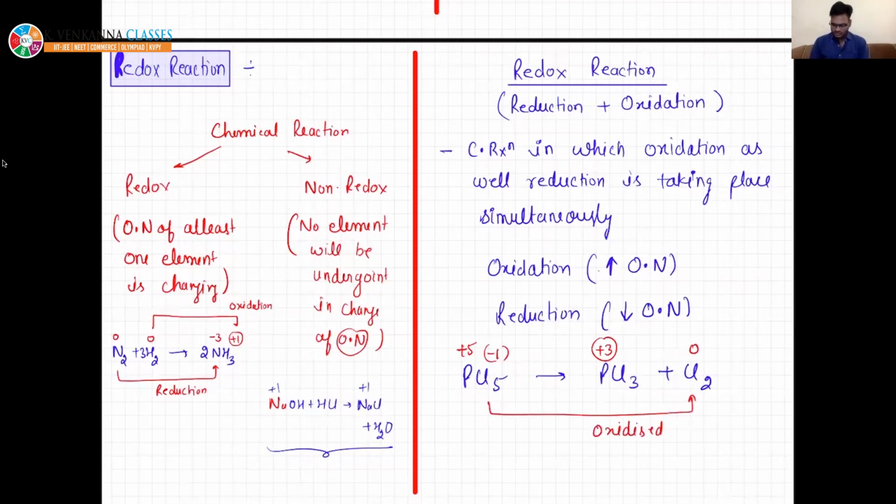But phosphorus is getting reduced. This is how we classify redox and non-redox, right? Is that okay, beta? Please tell me, quickly respond. Is that okay?